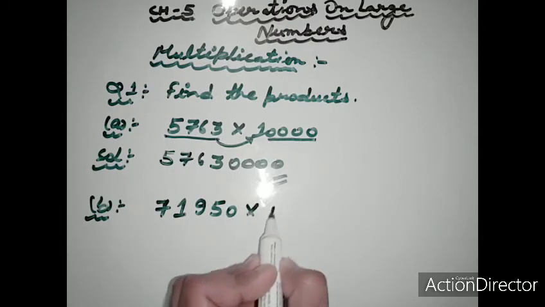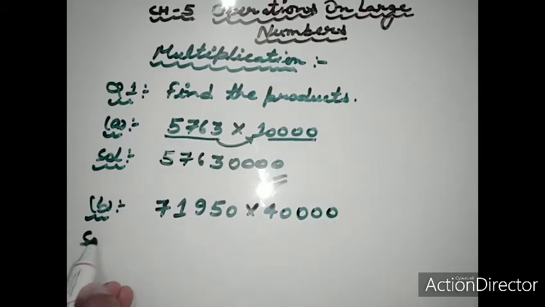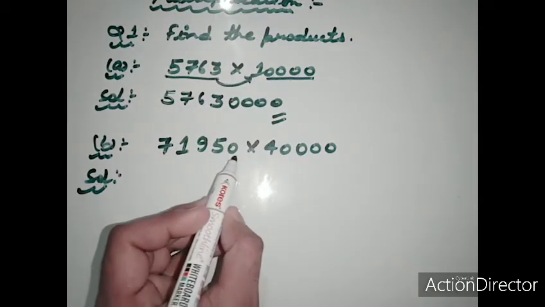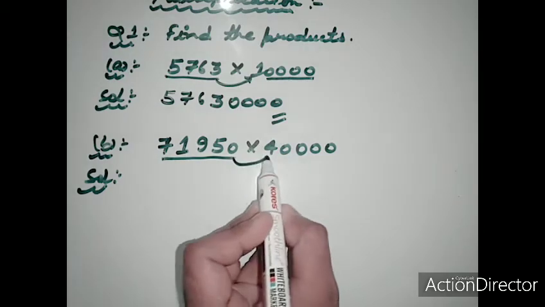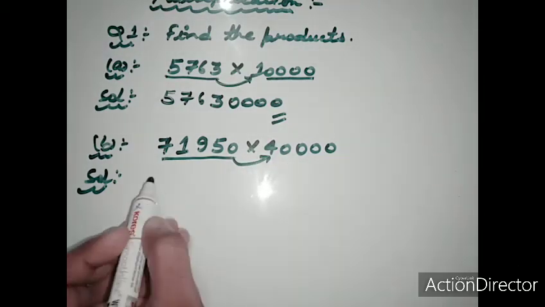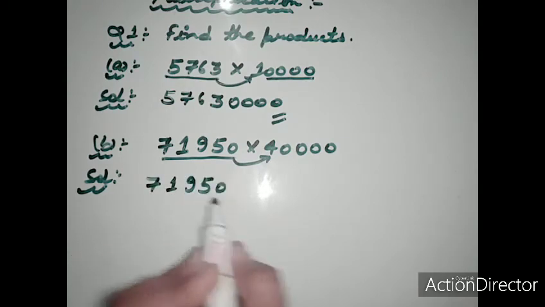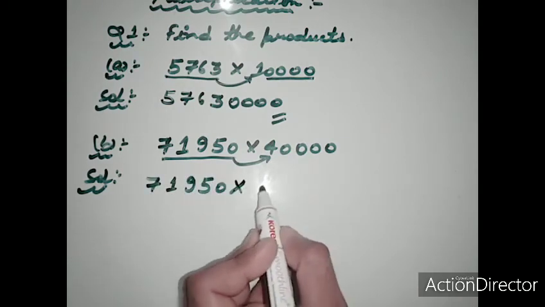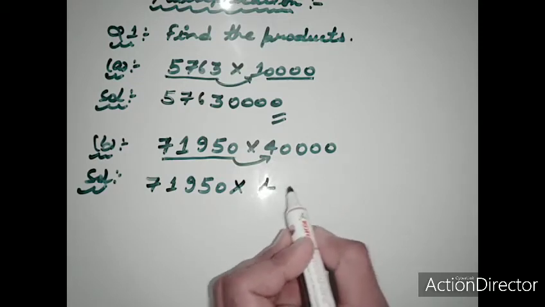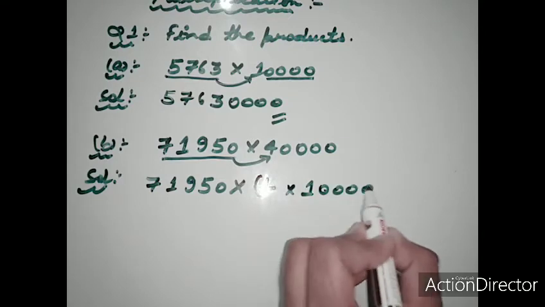Now here we take another example: 71,950 multiplied by 40,000. Dear students, here we multiply this number with 4, and after that we put the total zeros. So now here we write this number in this form, like 4 multiplied with 10,000, right?